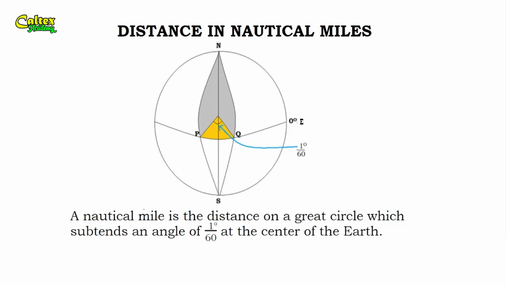When you take a look at our diagram here, we have this point P and point Q. When we join these 2 points together, we have that distance. From our definition, we say a nautical mile is the distance on a great circle which subtends an angle of 1/60 degrees at the center of the Earth.